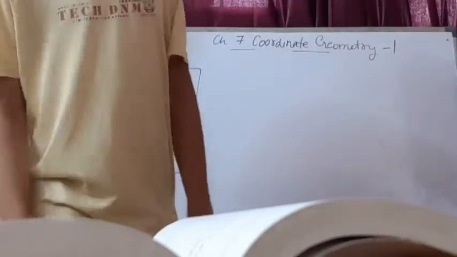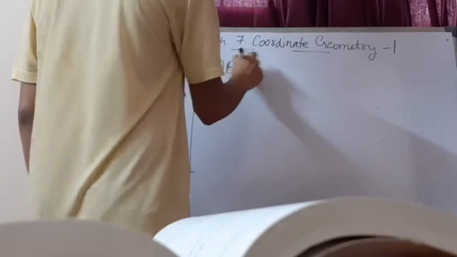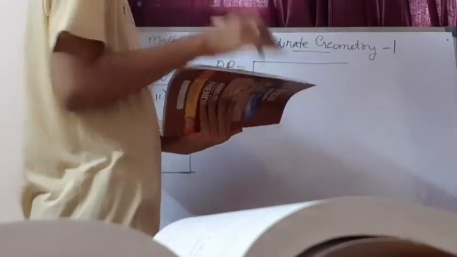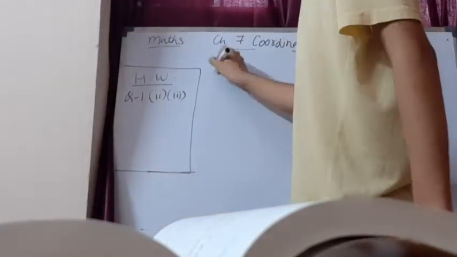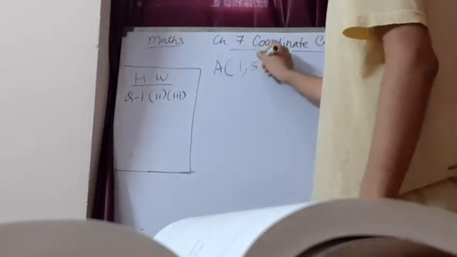Okay, so we are starting with the AB distance. Let me write the coordinates for your reference. What is your A coordinate? It is given to you, 1, 5.